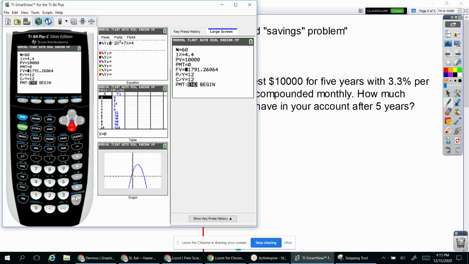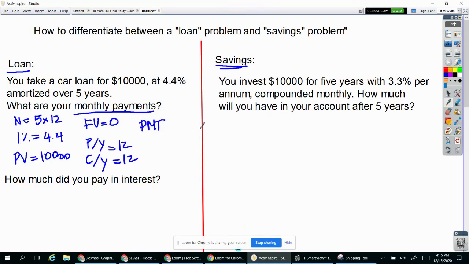We don't know what the payments are going to be, but the future value will be 0. Payments per year and compounds per year, 12. Let's go back to the payment and press Alpha, Enter. We will get our payment, $185.98. That's our monthly payment.